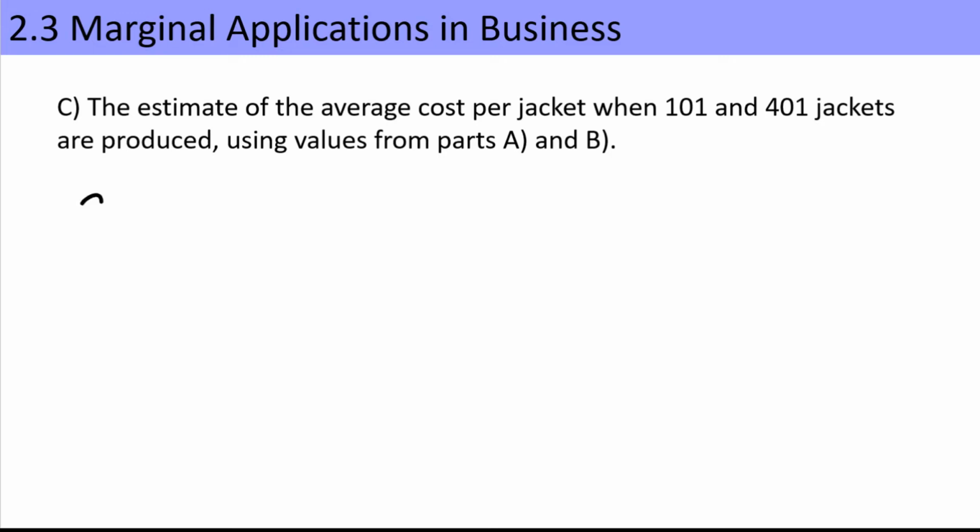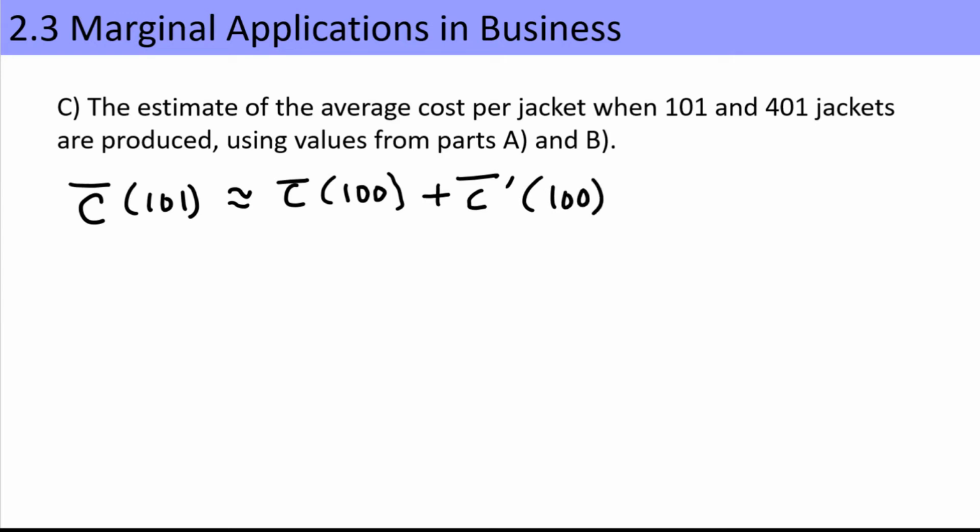Part C. The estimate of the average cost per jacket when 101 and 401 jackets are produced. So we say C bar of 101 is approximately the average cost of making 100 of these jackets plus the rate of change, that's C bar prime, at 100.